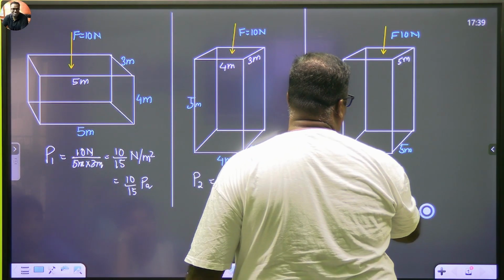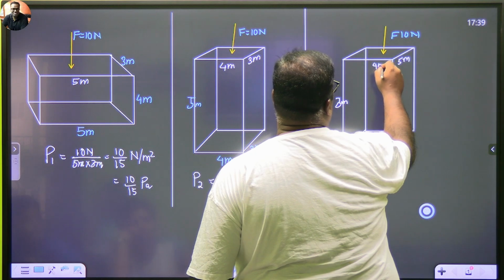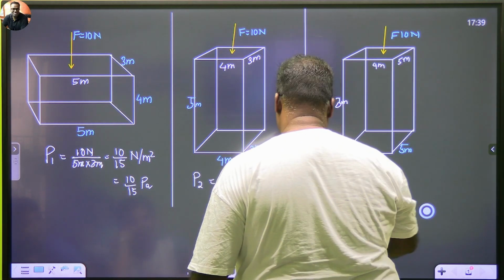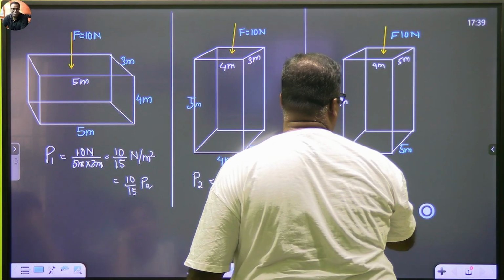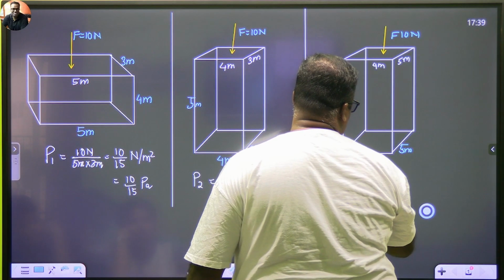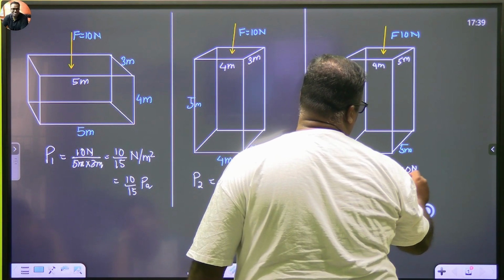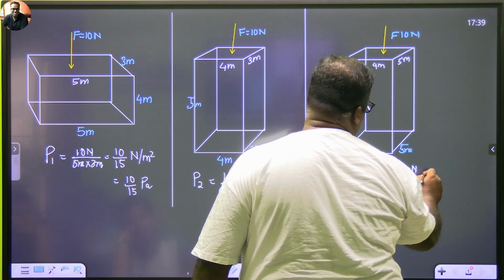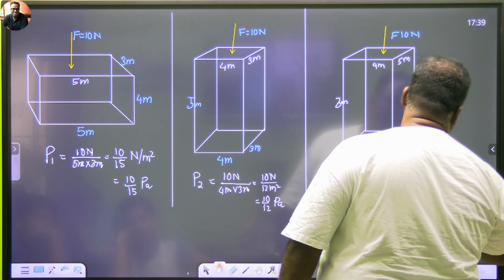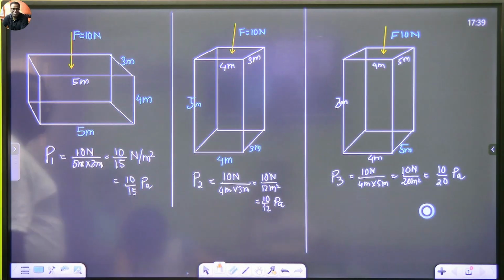We'll make it 4, 5, and let's make this 3 meters. So 10 Newton divided by 4 meters into 5 meters, which is equal to 10 Newton by how much? 20 meters square, the maximum area. So this is 10 by 20. How much? Pascal.